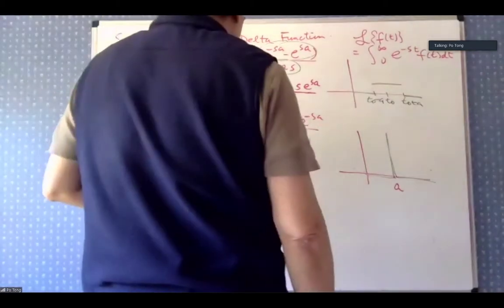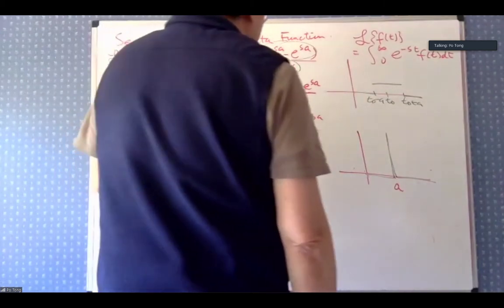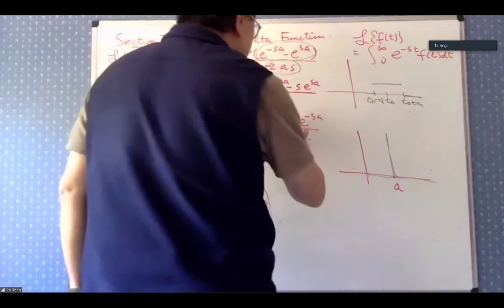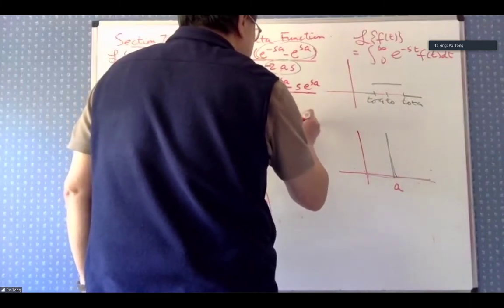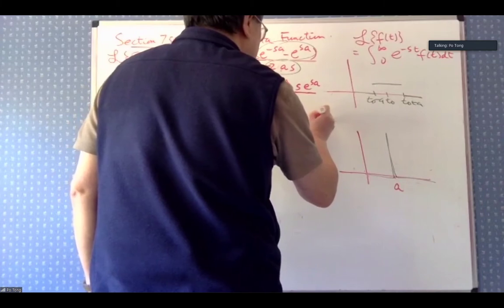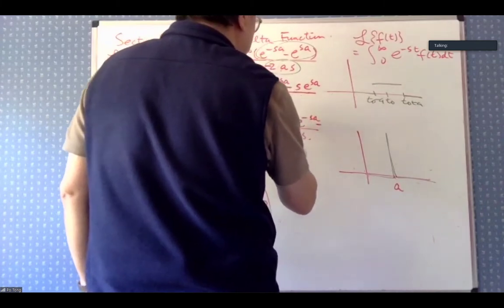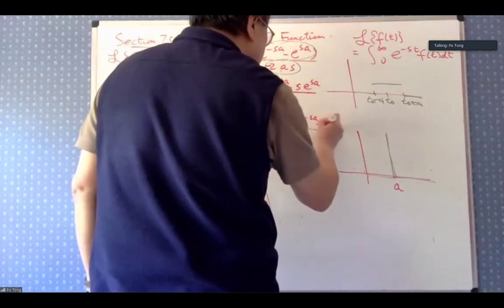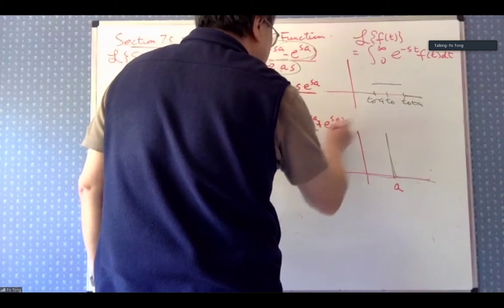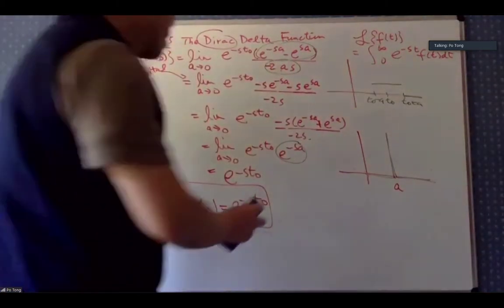Yes, you are right. It is minus s e to the power minus sa minus s e to the power sa. Thank you, I think I messed up. But luckily it doesn't change the conclusion.